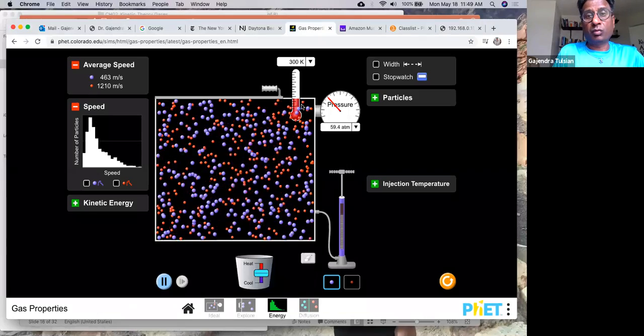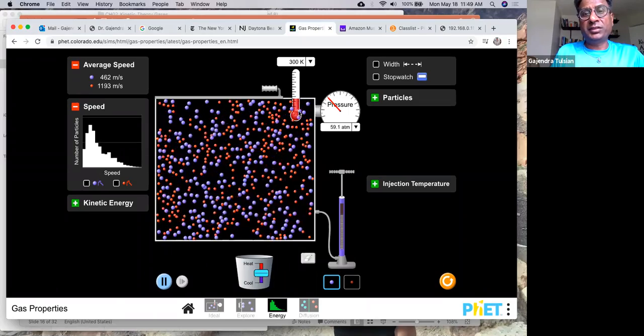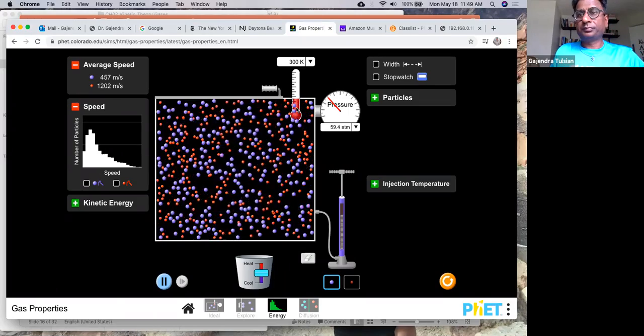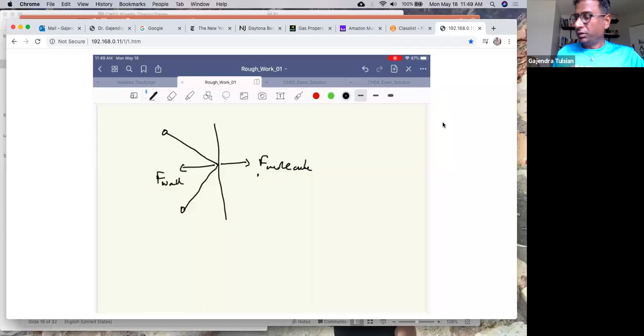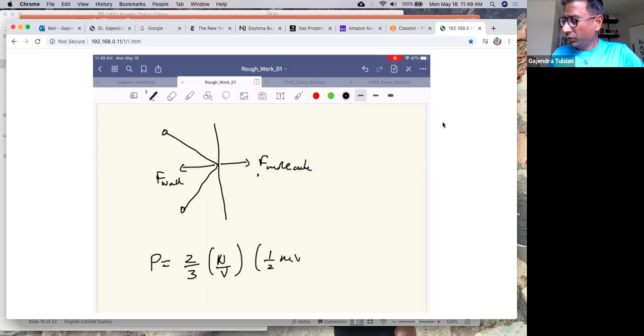It turns out that the average kinetic energy, so let me write this expression down, pressure was 2/3 N over V times 1/2 mv squared. Again, this is the average kinetic energy per molecule, and in a second, you'll see that this is related to the temperature.